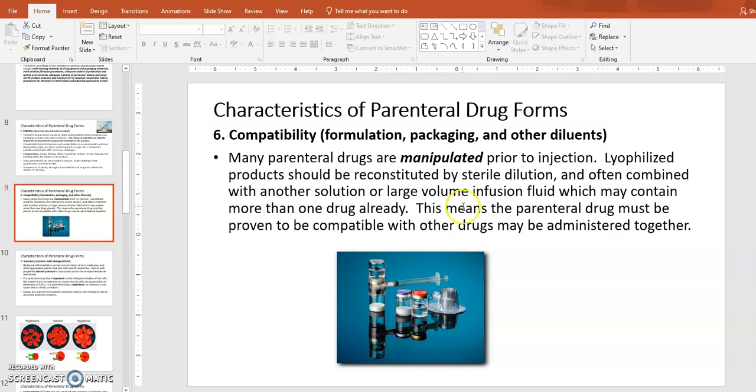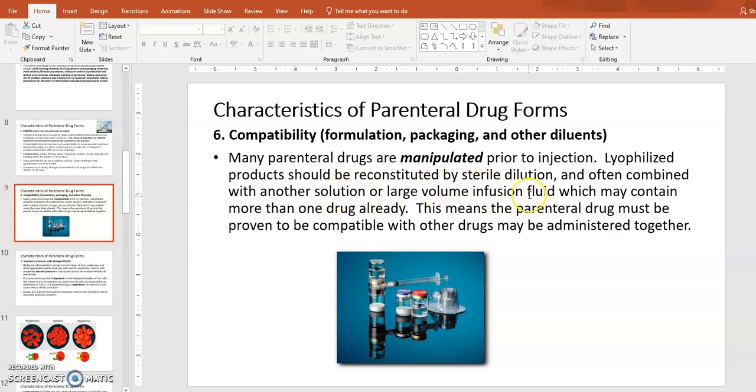In many cases, your parenteral drugs are manipulated before injection, meaning they are treated with some process. For example, a lyophilized drug is reconstituted with sterile water, WFI water. Is that process compatible? May it cause any harm to your drug structure?